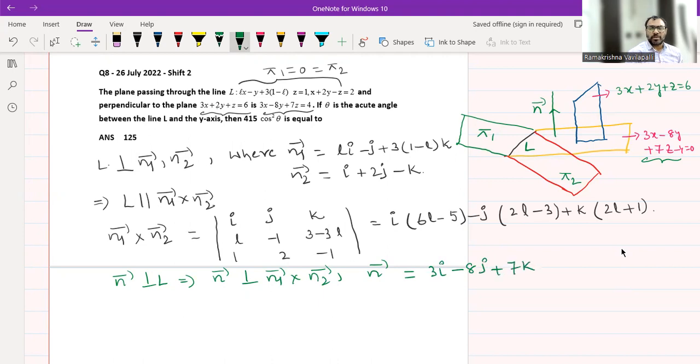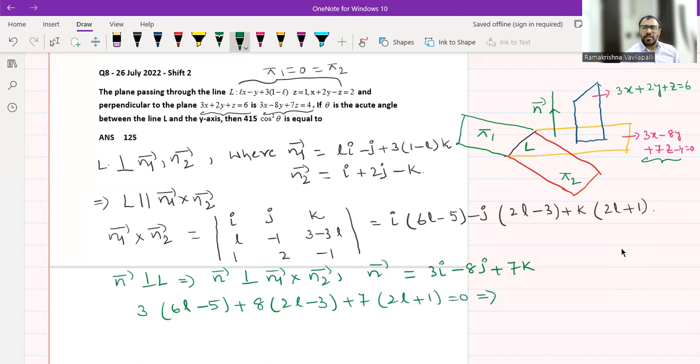Now apply the dot product: 3 into (6L minus 5) minus 8 into (2L minus 3) plus 7 into (2L plus 1) equal to 0.